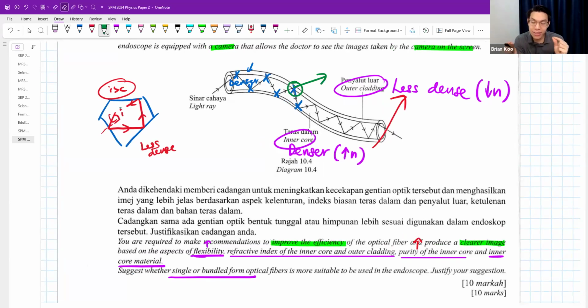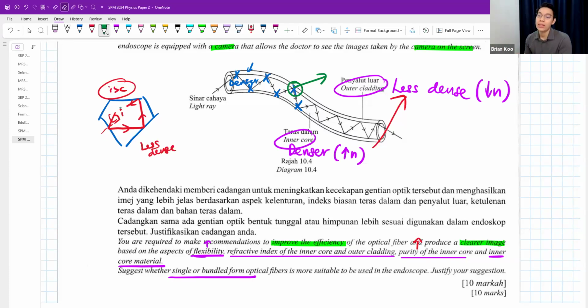It's a very thin, transparent glass or plastic usually, that looks like a glass noodle, transparent, and light gets stuck inside. But if that part is not very pure, right? Maybe that part cannot have total internal reflection occur, and what might happen is the light might just come out, might refract out instead of keep on getting stuck inside. We want it to be inside. We don't want it to come out. Okay, so purity must be high.